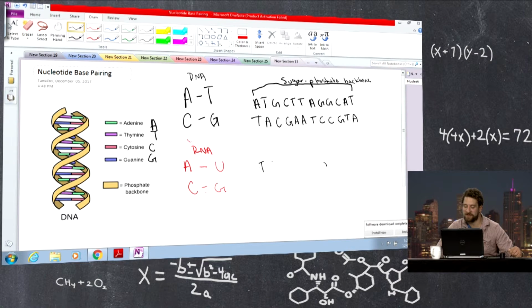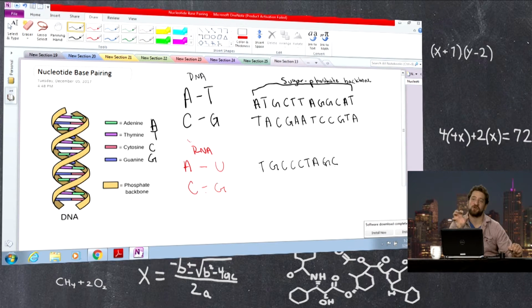If we have a strand of DNA that goes thymine, guanine, cytosine, cytosine, cytosine, thymine, adenine, guanine, cytosine. That's a strand of DNA, and we can tell that it's a strand of DNA because it contains the base thymine, that T.